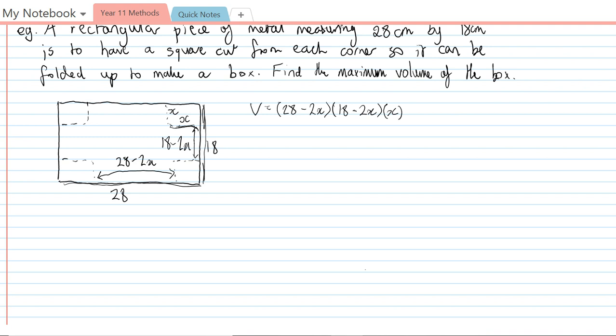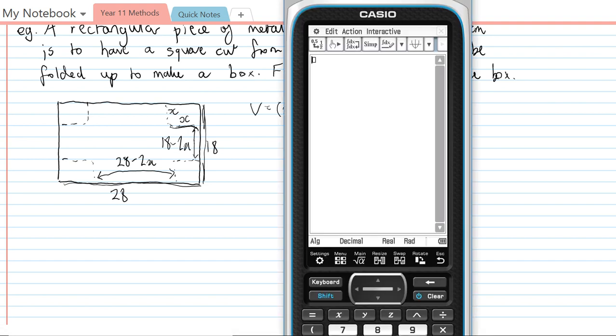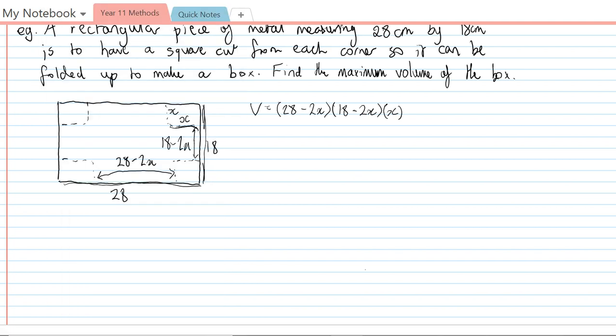And so now we have this expression for the volume, and I think it's pretty good from here. The thing is that we want to maximize the volume, and we can see first off that this equation is all in terms of x, so that's fine. We have essentially one variable which we can work with. So I'm going to bring up the calculator here. First things first, I'm going to see what this is equal to. I'm going to expand it all out.